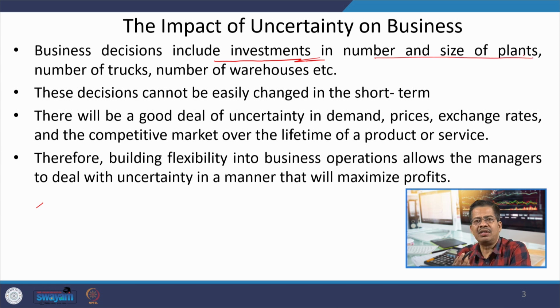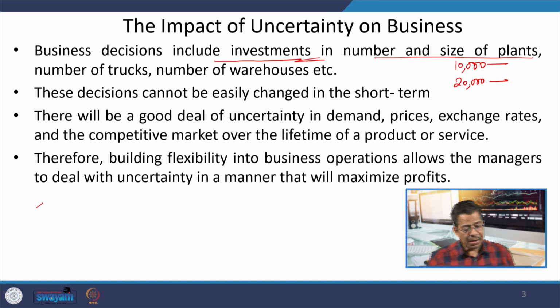What should be the capacity of your plant, whether you should have a plant of 10,000 units or 20,000 units, depending upon the possible demand, and then there are different possibilities of demand level, whether you are going to use the capacity of this plant in a better way or that plant in a better way.